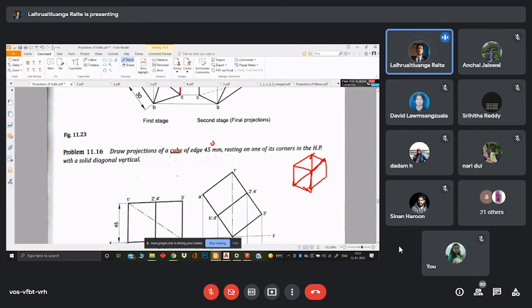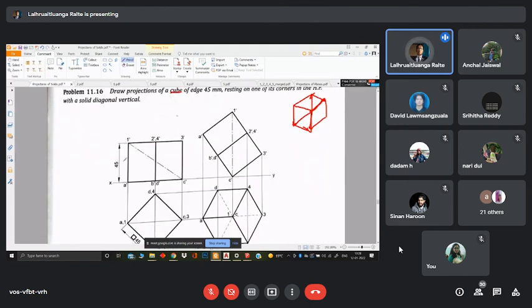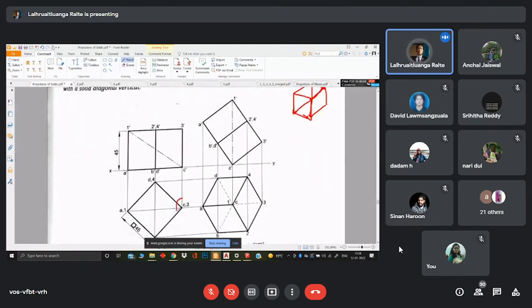So first, as our cube is going to be touching the horizontal plane, instead of a face on the right-hand-most corner, we are going to have a corner on the right-hand-most corner. If the question says that an edge is touching the horizontal plane, then you must make one of the edges on the right-hand-most corner perpendicular to the VP.